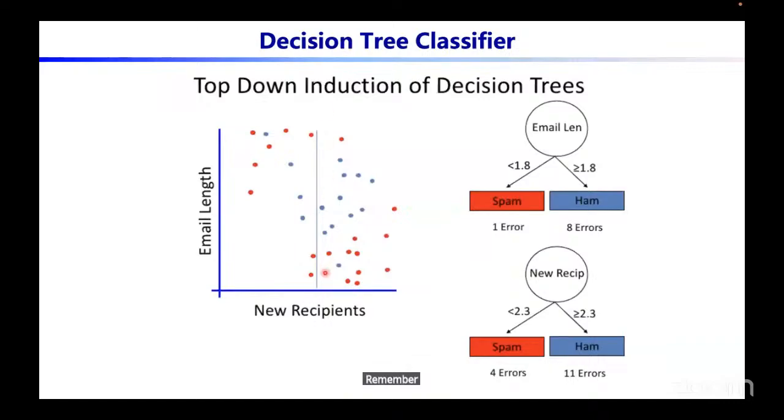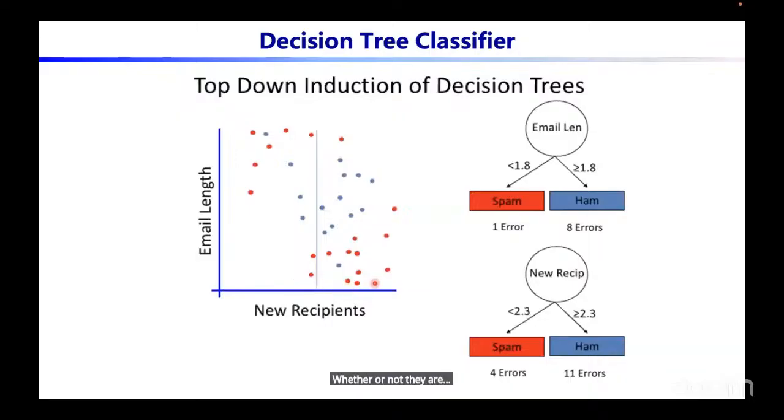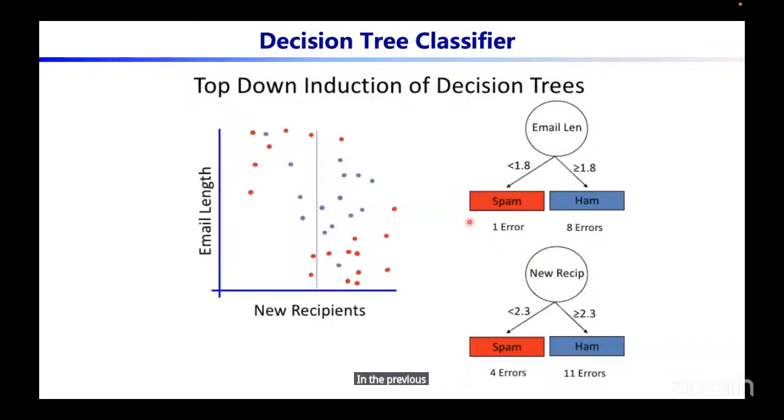Remember that a vertical line separates emails not in terms of the length of emails, but rather in terms of what kind of recipients they have. Remember that we had a horizontal line decision tree on the previous page. Now we have a new decision tree based on the new recipients.